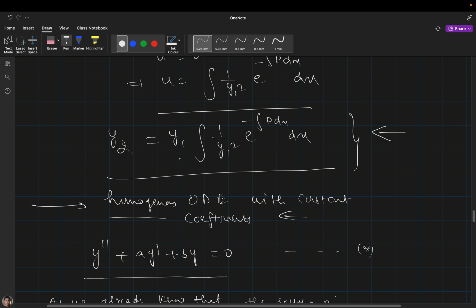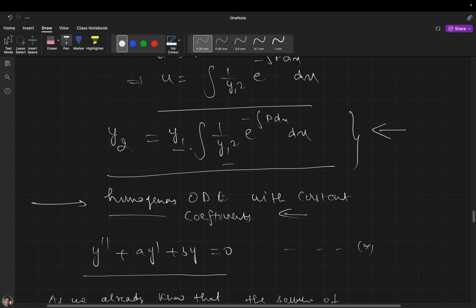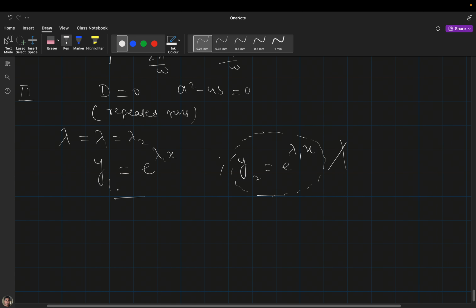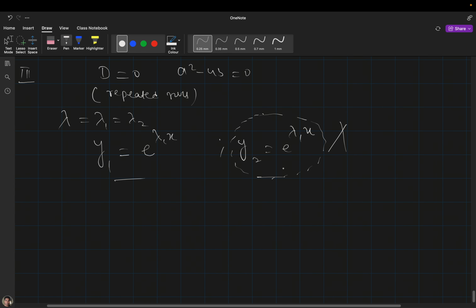Can you see that I already know one solution? Now I have to get the other solution. And what is that? y2 equal to this. Now I will use this to get the other solution, because I cannot accept this, as these two are linearly dependent.